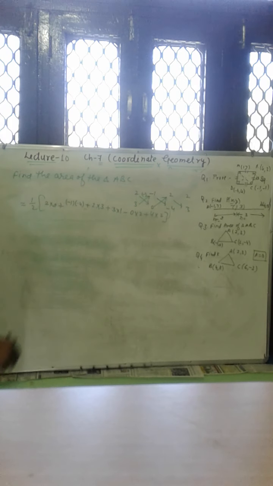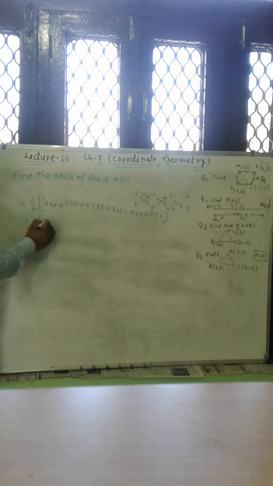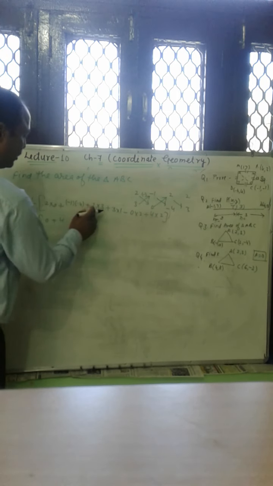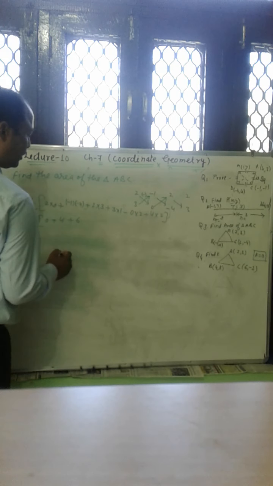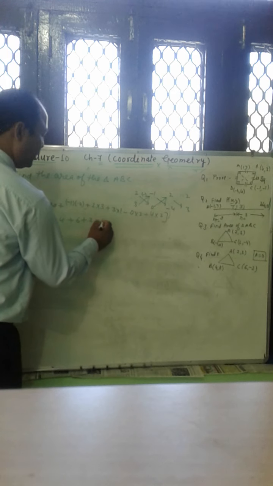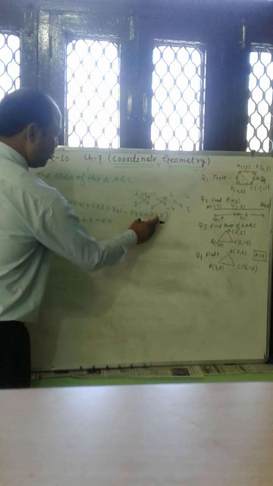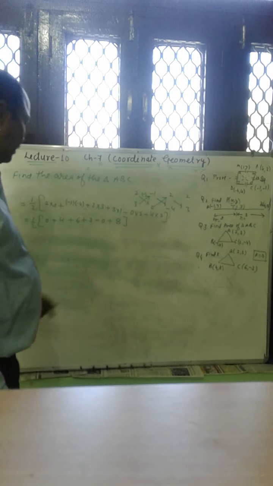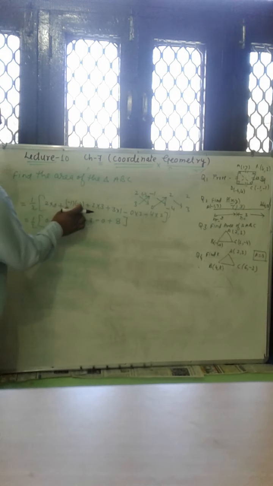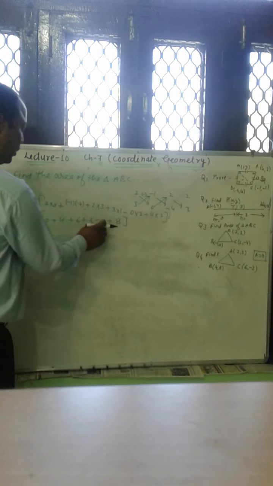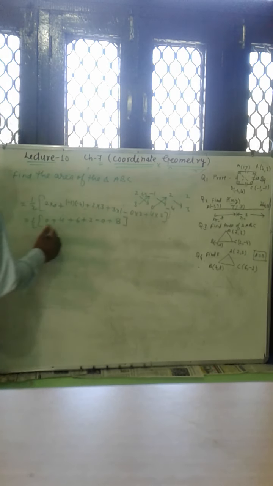Okay, now here the area is equal to 1 upon 2 times [2, 0, 0 plus 4 plus 6 plus 3 minus 0 plus 8]. Okay, now here 4 plus 6 is 10, or 10 plus 11 is 21.